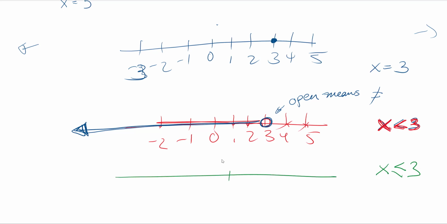What happens if we have the case x is less or equal to 3? Let's draw our number line again. 1, 0, 2, 3, 4, 5, -1, and -2. Now when x is less or equal to 3, we find x again, but this time because it can be equal, we fill our circle.